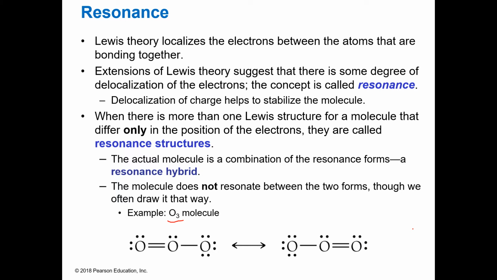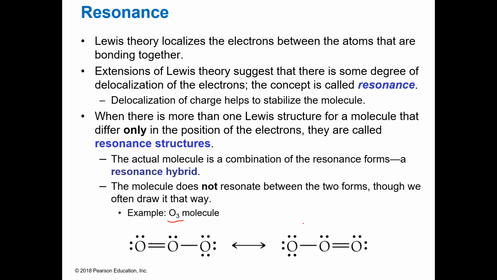Both of these are correct, but they actually exist as what we call a hybrid, and they both exist. So these electrons that make the double bond, let's say we're just talking about this one and this one that make this bond, they're either going to be present on this side or they're going to be present on the other side.